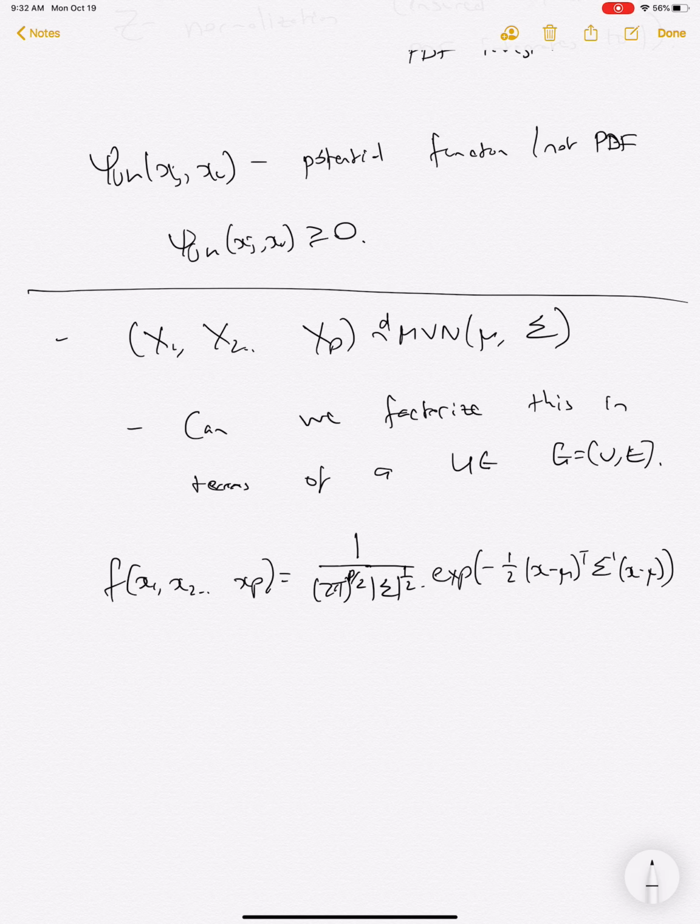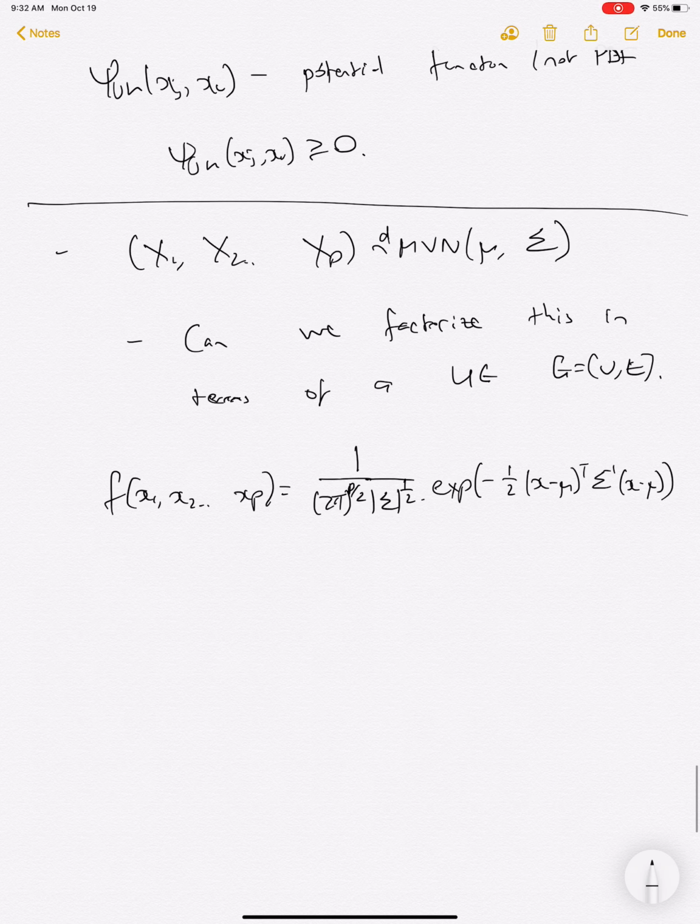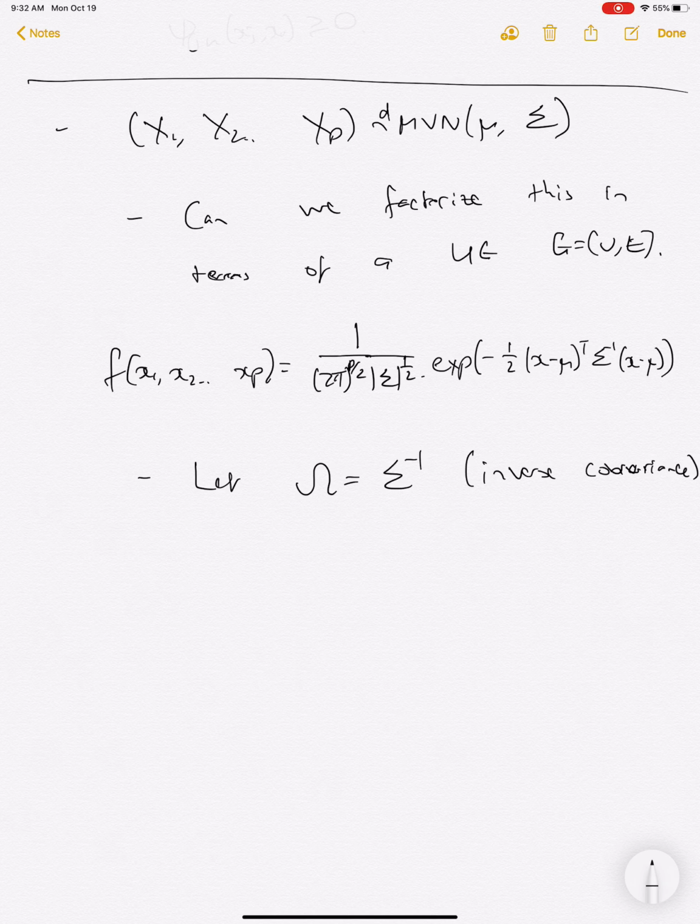Okay, so this is just the general form of this. And so it's not necessarily obvious how this converts to the potential function, but let me kind of do something. Let omega equal sigma inverse. So this is like the inverse covariance.